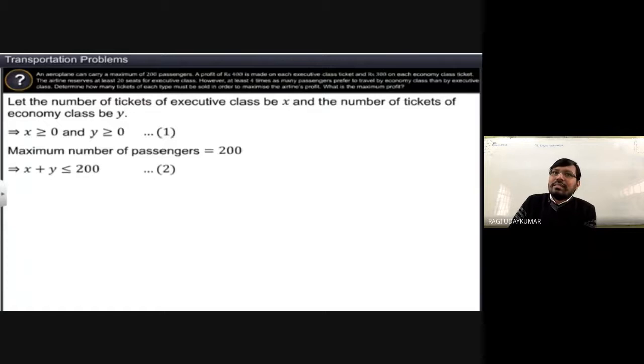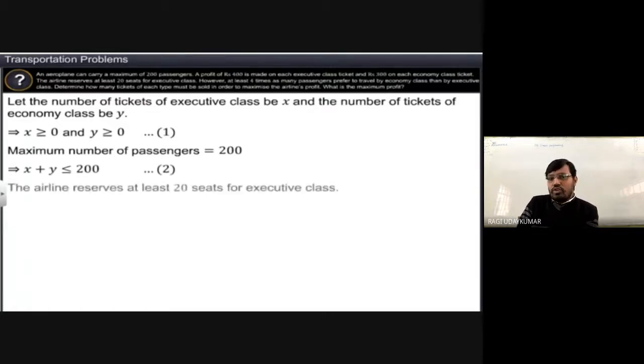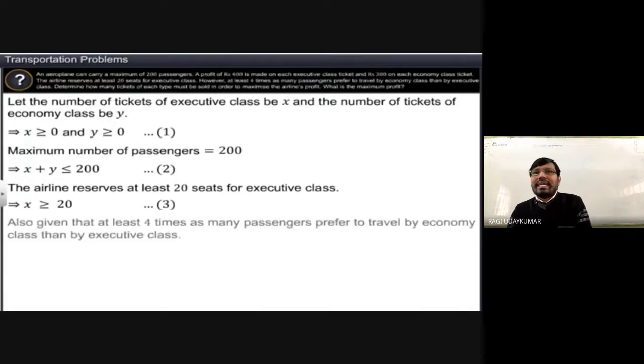So x plus y should be less than or equal to 200. The airline reserves at least 20 seats for the executive class. So executive class tickets are at least 20. So x should be greater than or equal to 20. It can be 20, or it can be more than 20.